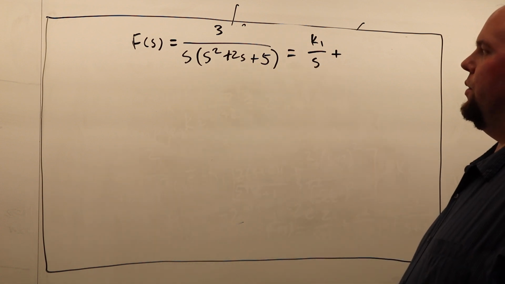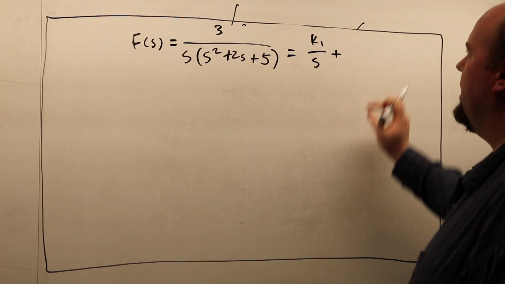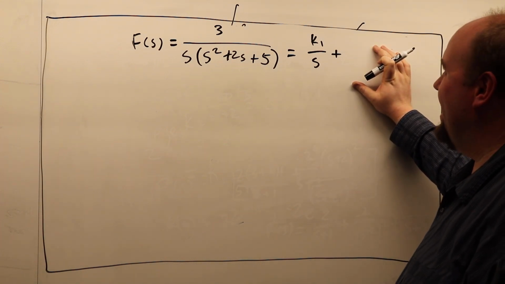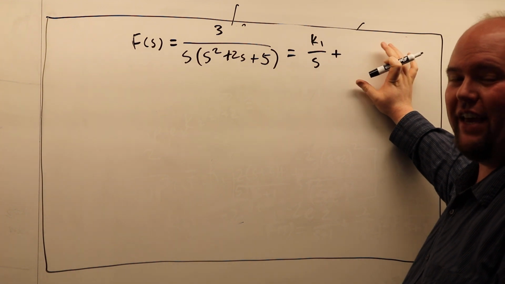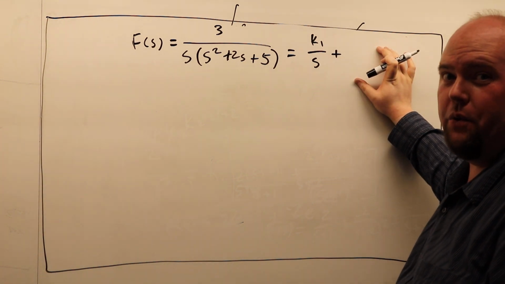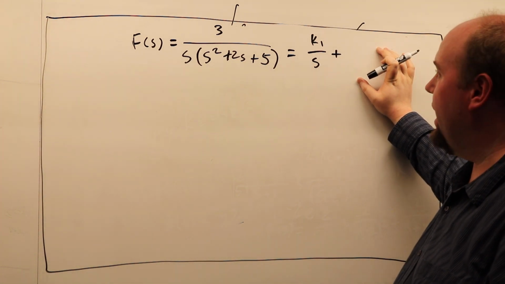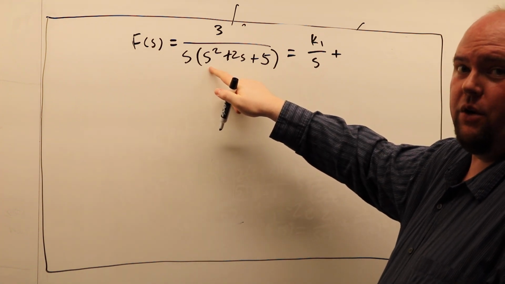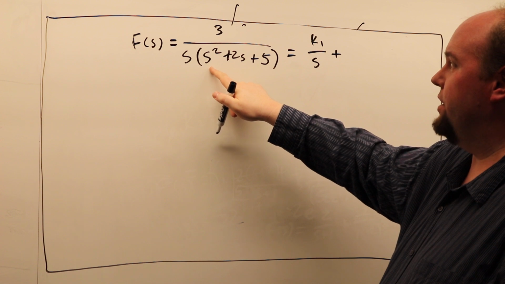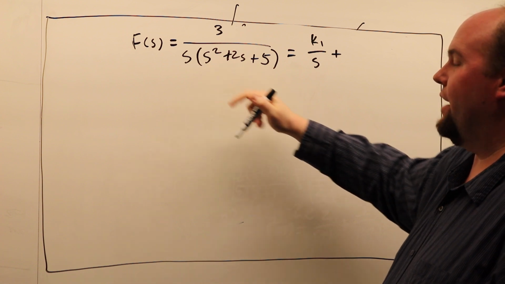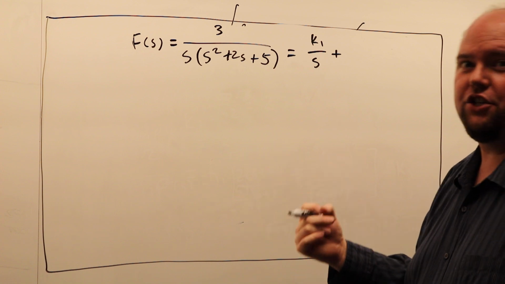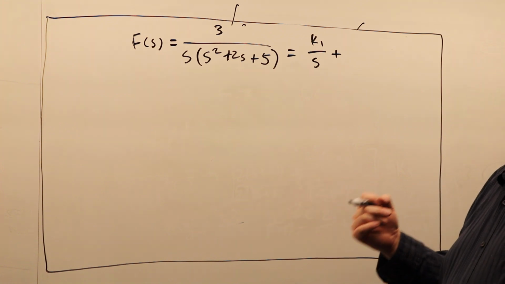roots, we're going to have to choose a numerator that has coefficients in front of the s terms, with an order that is one lower than our denominator. In this case, we have a second order polynomial in s, which means our numerator is going to be a first order function of s, with each order of s having a different coefficient.